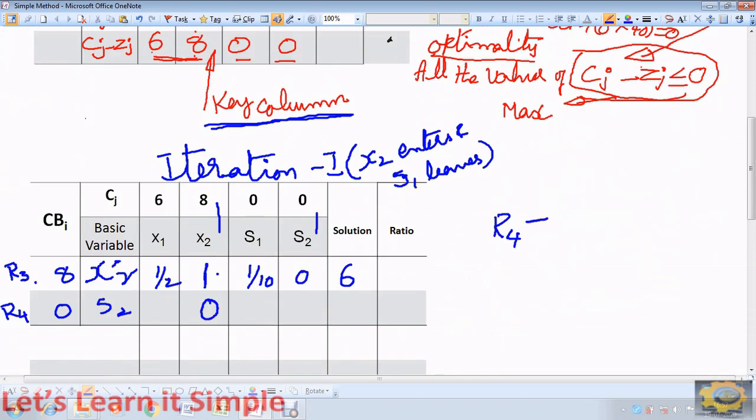Therefore, for R4, we have initially R2, so R2 minus 4R3. So this will make this element as 0.